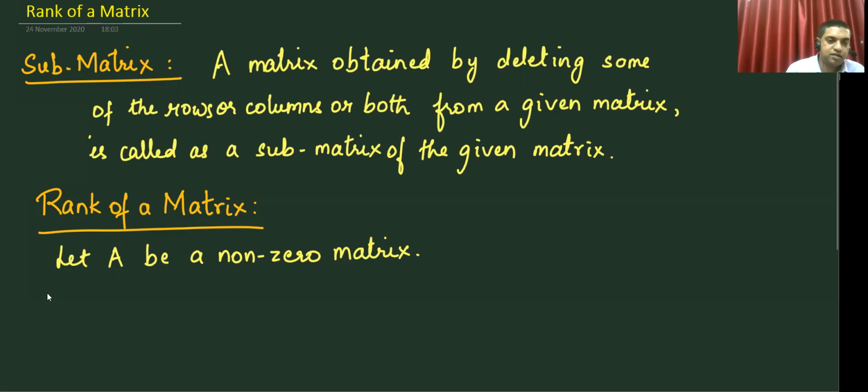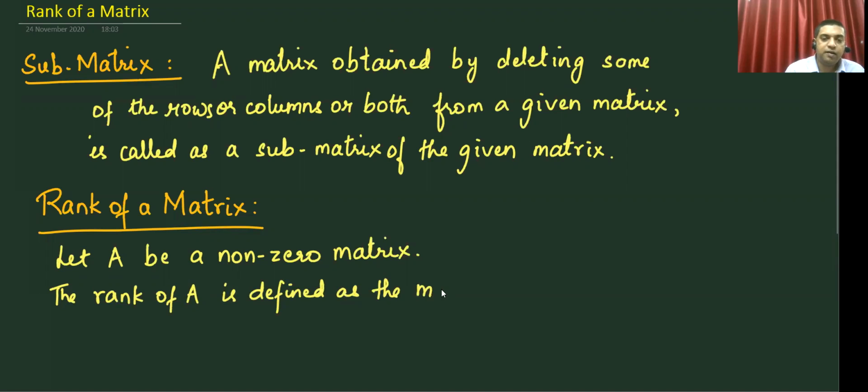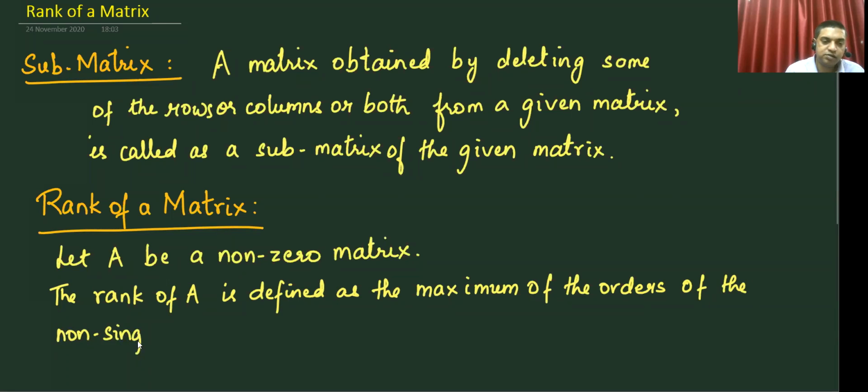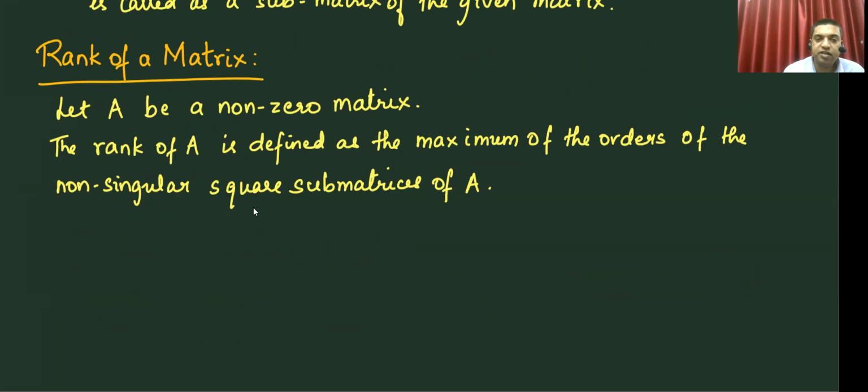The rank of A is defined as the maximum of the orders of the non-singular square submatrices of A. The maximum of the orders of the non-singular square submatrices of A. This is called the rank.